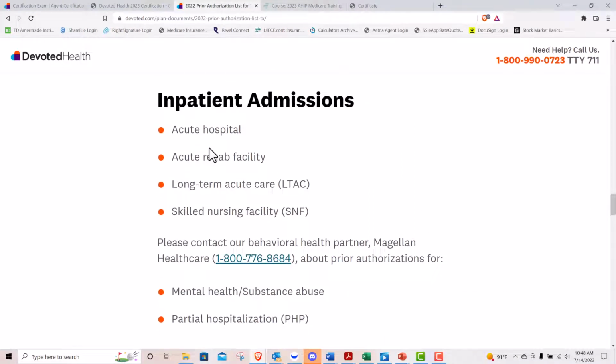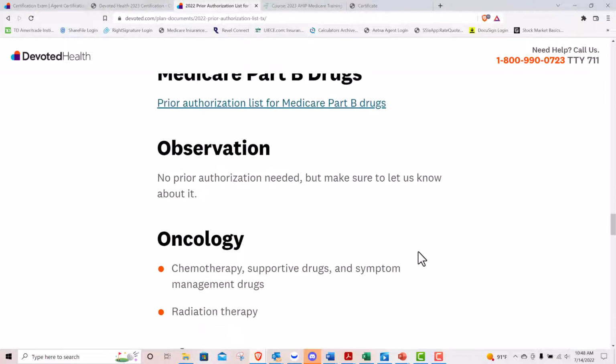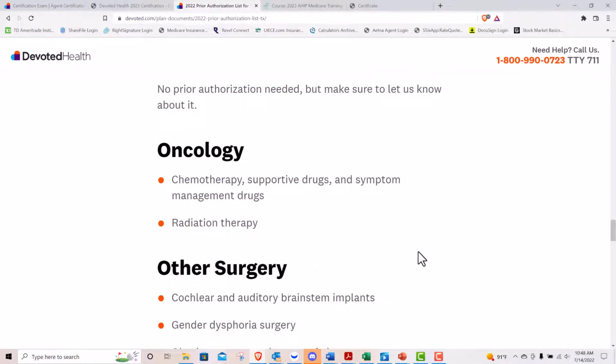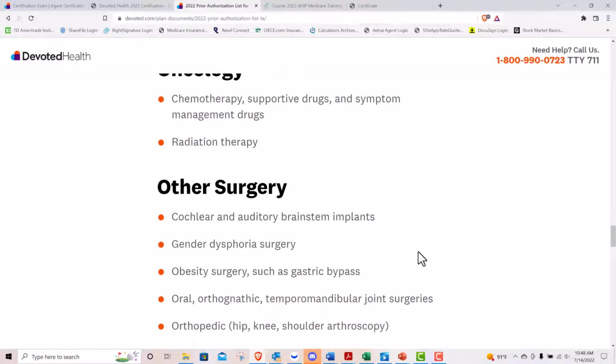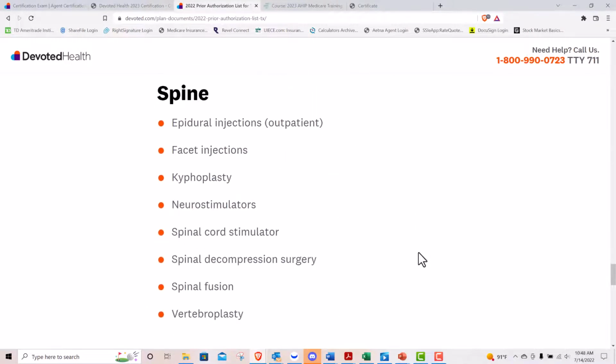So what that means is that when you go to the hospital or an ER and you need to get help, they need to admit you, it needs to be authorized first. Oncology and all these other surgeries. So all these things need to go through a prior authorization.